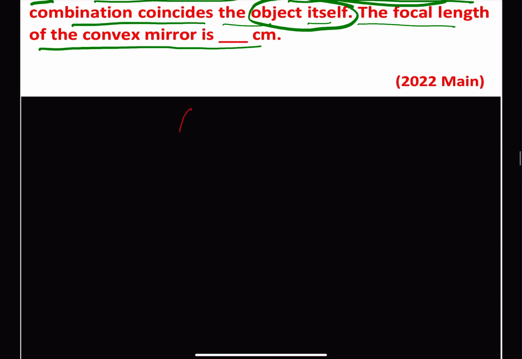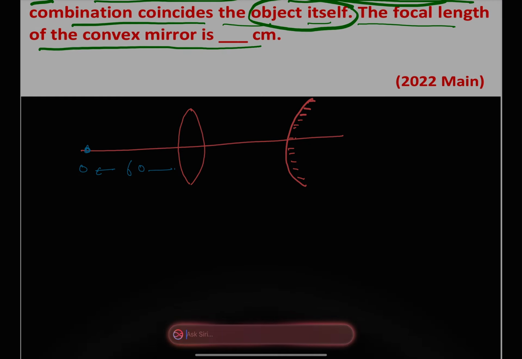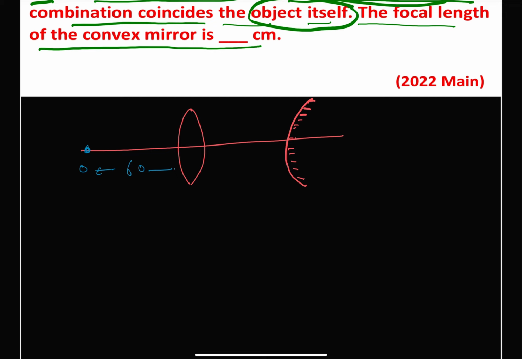So this is our lens, principal axis, and we have a mirror, and we have an object, distance is given as 60, and this is a lens and this is a mirror.